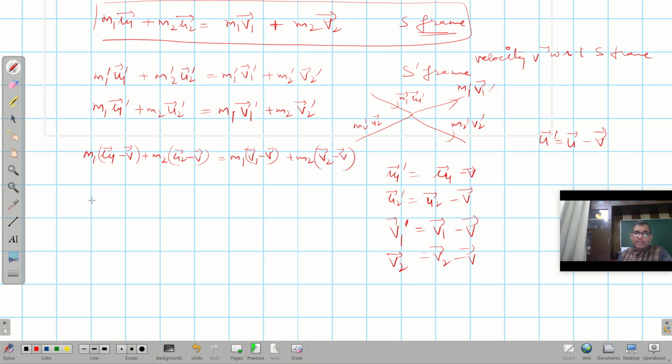Now expanding, it is m1 u1 minus m1 v plus m2 u2 minus m2 v is equal to m1 v1 minus m1 v plus m2 v2 minus m2 v. The v terms cancel out on both sides.